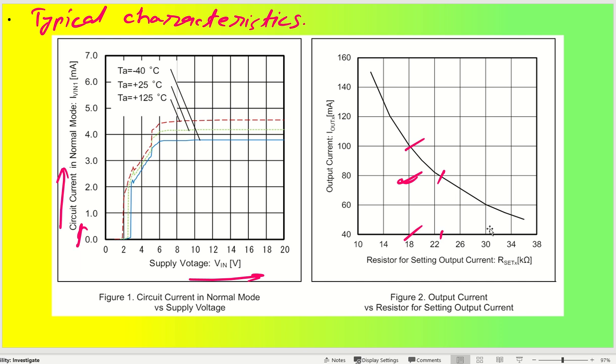Okay, so this is how it is going to work. You should not go below this 12 kilo ohm, which is this range, and above 36 kilo ohm, which is this range. As you can see, you cannot set less than 50 milliamperes and more than 150 milliamperes. So this is how the current setting resistors are going to help you with these curves.